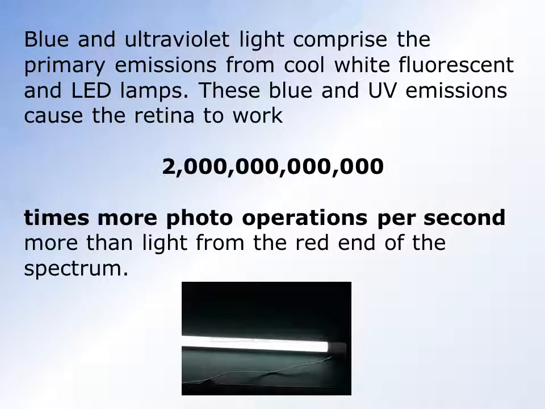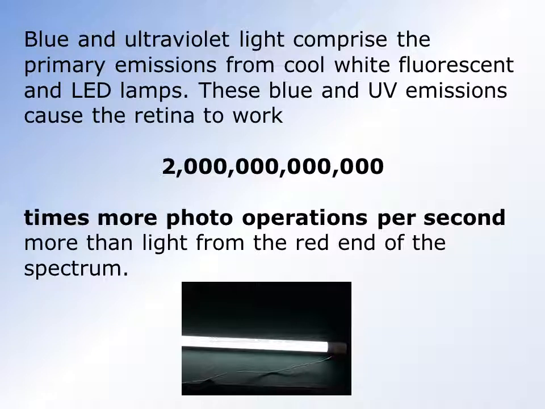Blue and ultraviolet light comprise the primary emissions that come from cool white fluorescent and LED lamps. These blue and UV emissions, UV stands for ultraviolet, cause the retina to work, as we've said before, 2 trillion times harder.